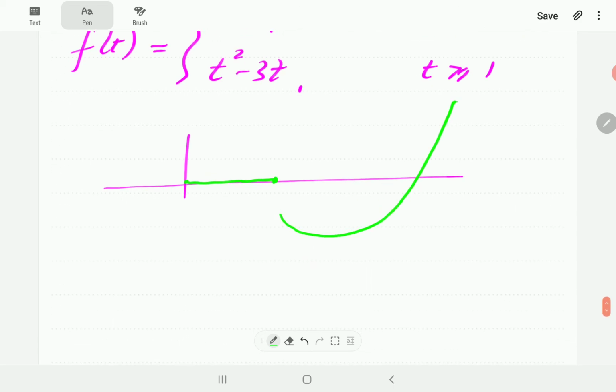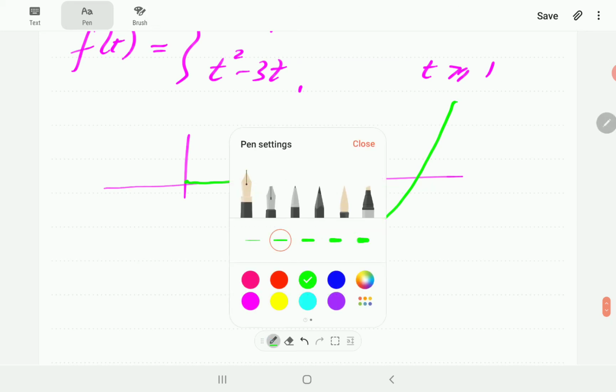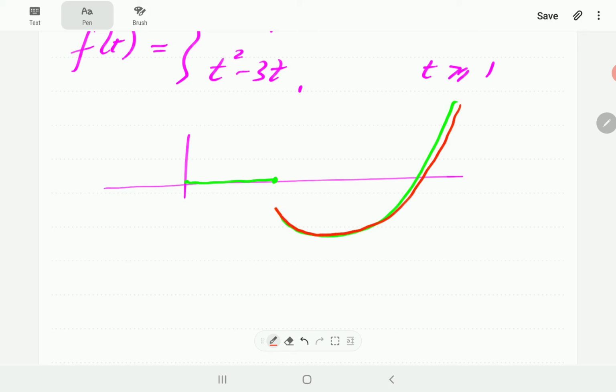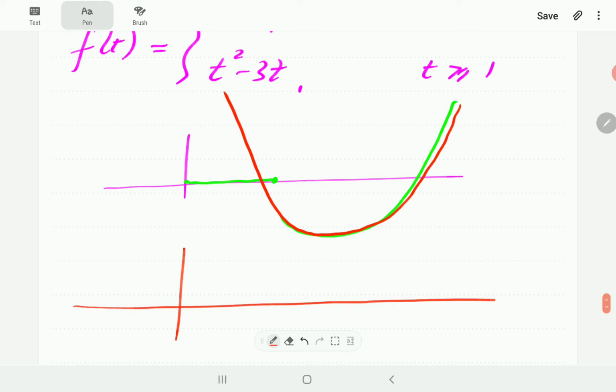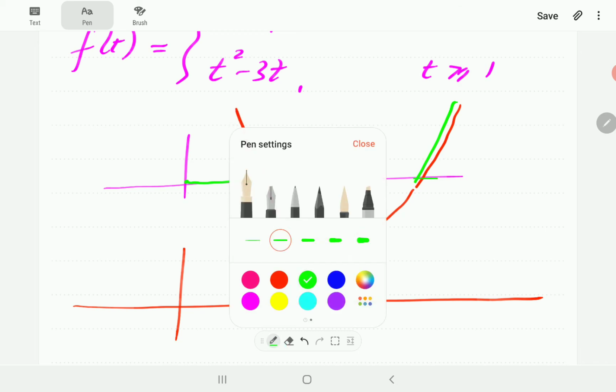Okay, so what we need is, if we just take this function as it is, then we need to hit it with a Heaviside function that is going to nullify the segment on the left hand side of 1.